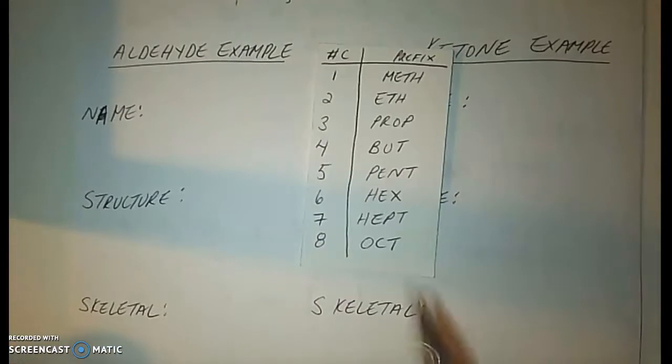Okay? So we're going to go through some examples here. We'll come up with an aldehyde name, and then we'll draw its structure 2 ways, and then we'll do the same thing for a ketone. Now, aldehydes, we'd never see numbers in the name of aldehydes because we know that the carbon double bonded to oxygen has to be on the end of the chain. So I can just pick any of my prefixes here.